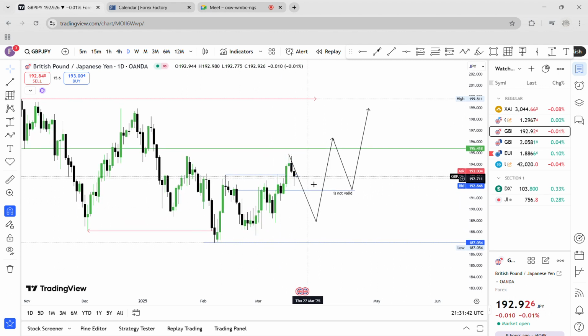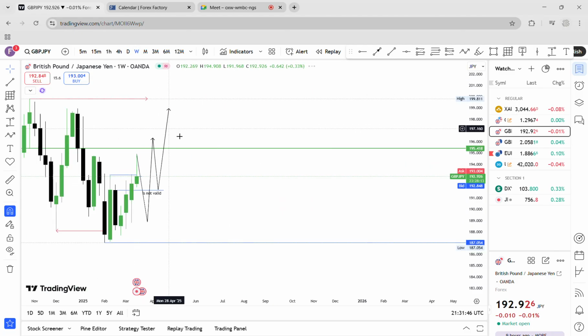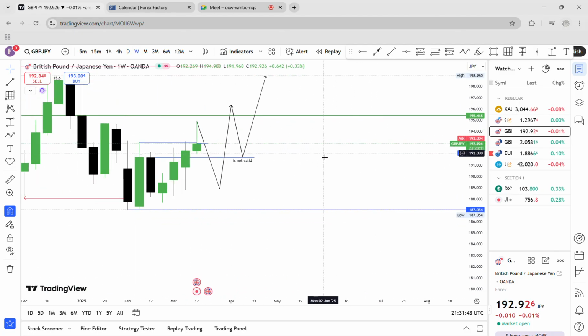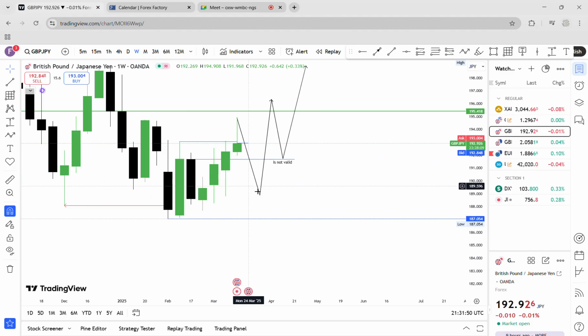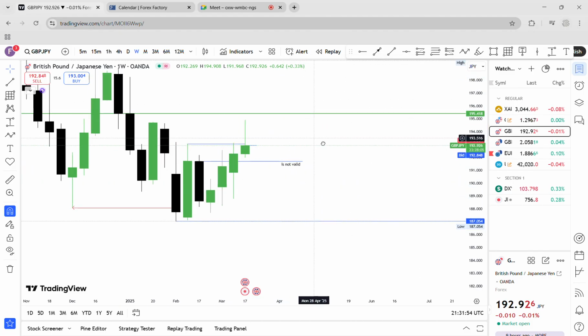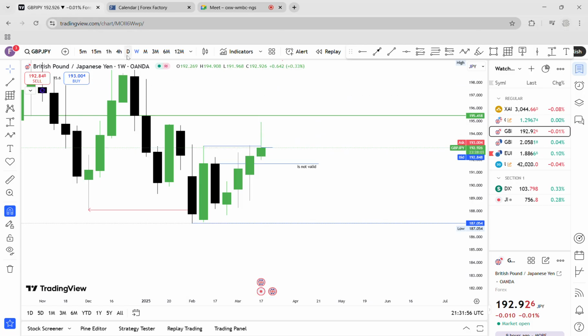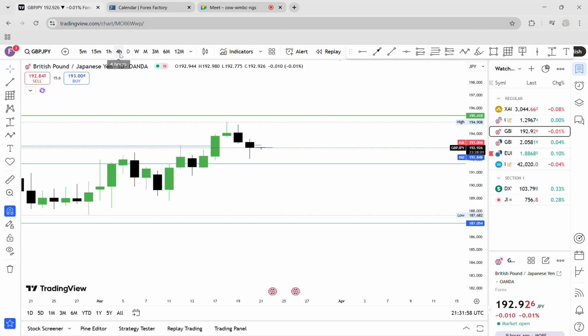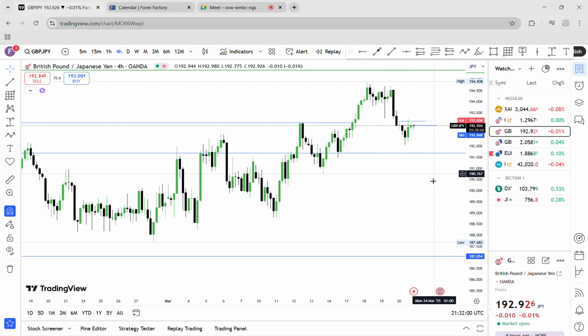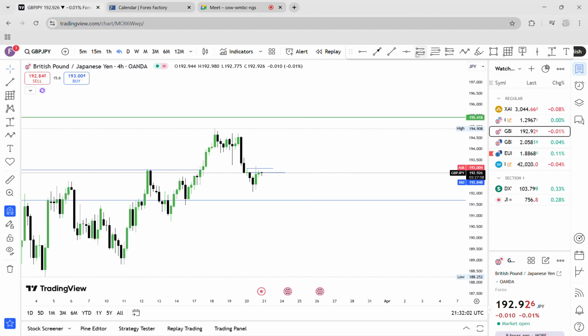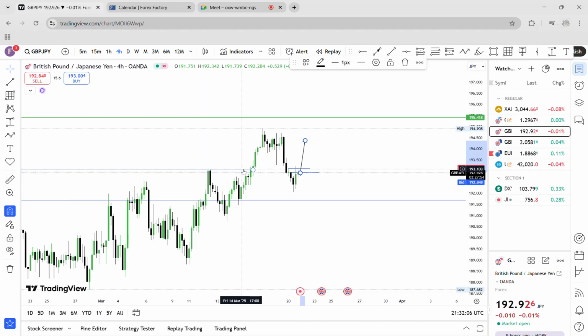Okay, so if you go to the weekly, I'm not sure why this one is not valid. And if it's not valid, why are you marking it in the first place? I just explained to you earlier that I want price to keep on going higher from here and trade and close above this line.